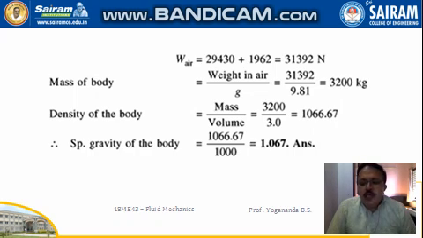That is the principle here we are using, and then we are taking the help of the basic properties of the fluid: mass density, that is the ratio of mass by volume. Weight density is equal to weight by volume, and specific gravity is nothing but the density of the given substance to density of the standard liquid, that is water. Its density is 1000.